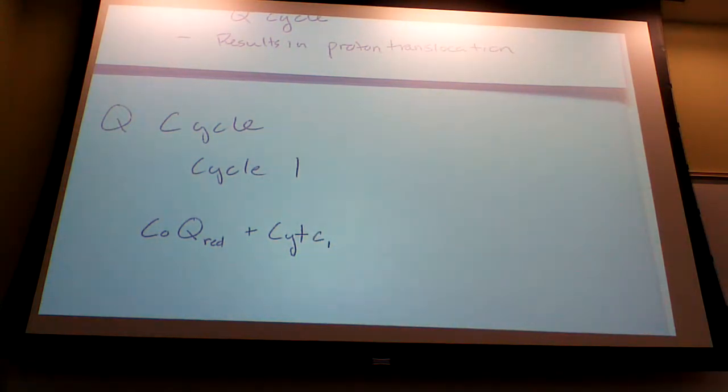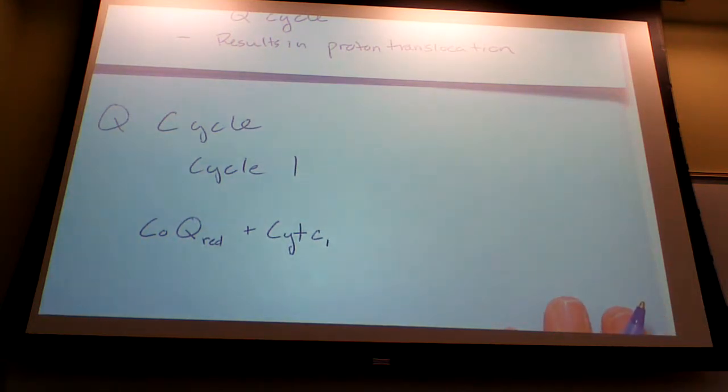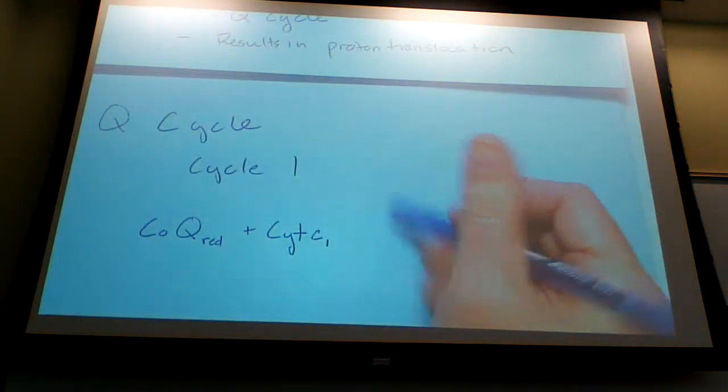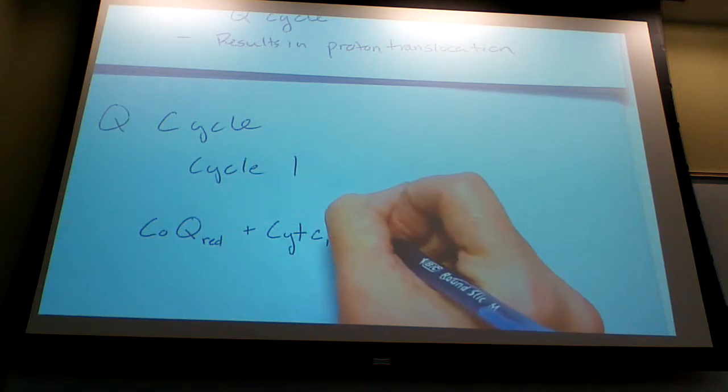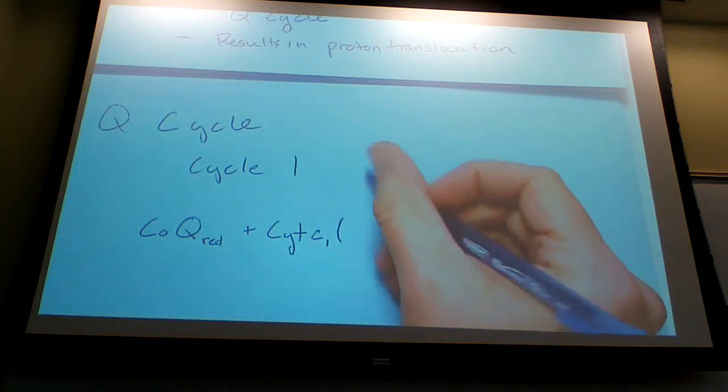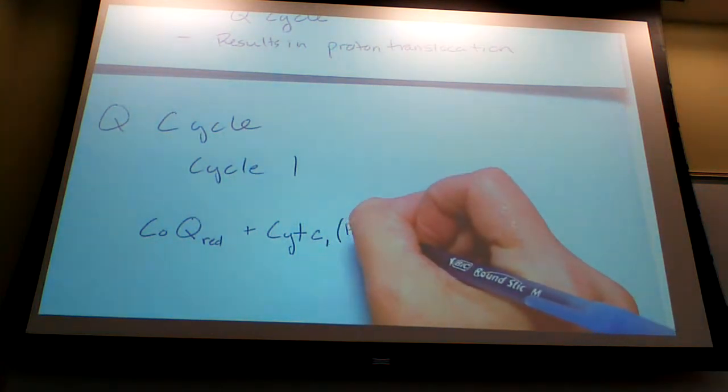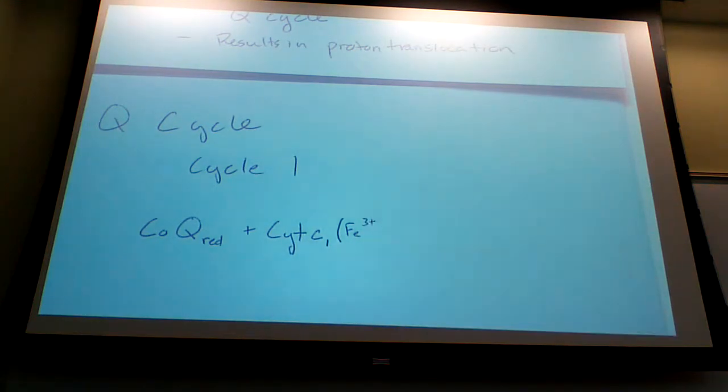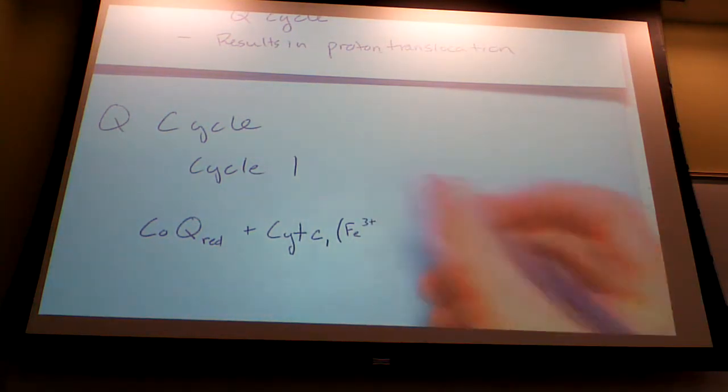So there's more than one cytochrome C. The final destination is cytochrome C, period, but there's a C1 involved. And at this point, the cytochrome C initially is going to be in its oxidized form. So the iron in the heme is a 3+.